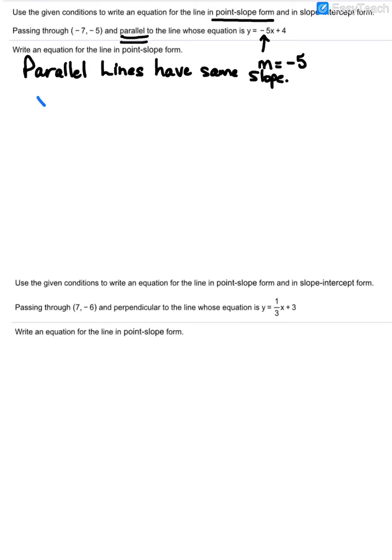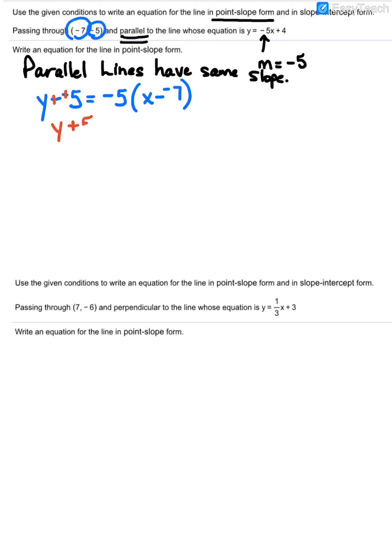So in point-slope form, I take y minus the y value of my point, which is -5. I say it's equal to the slope of my line, which is also -5, times x minus the x value of my point, which is -7. So if I clean that up, anytime you subtract a negative, that becomes positive.